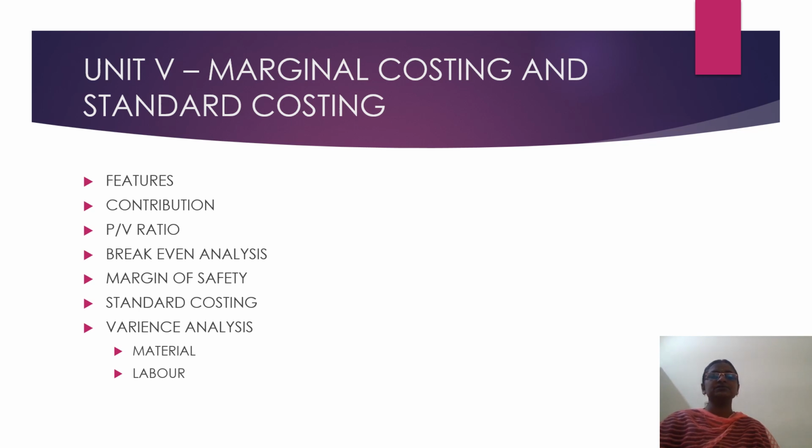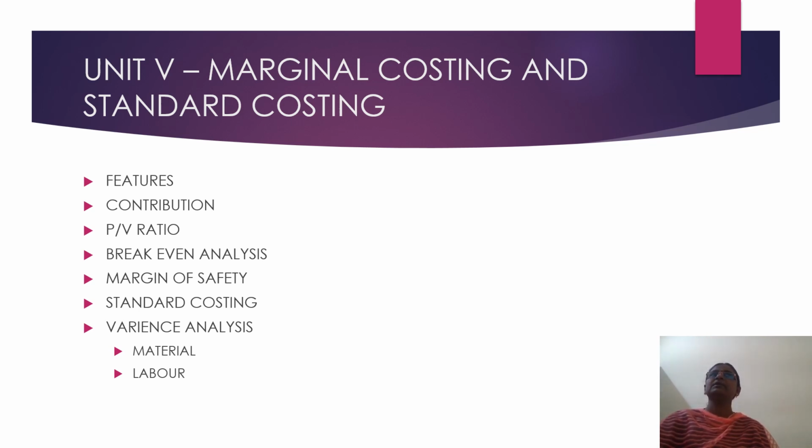And when coming to standard costing, there are two types of variances: material cost variance and labor cost variance. When two materials' data or two mixes of labor are given, definitely you have to calculate material mix variance and labor mix variance.